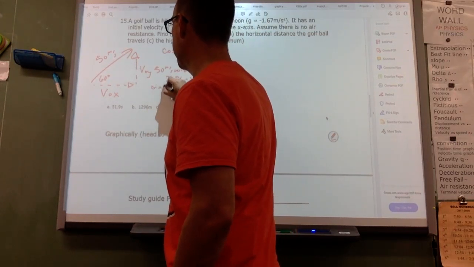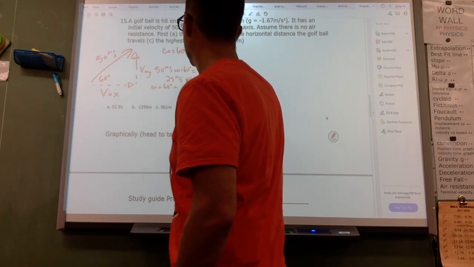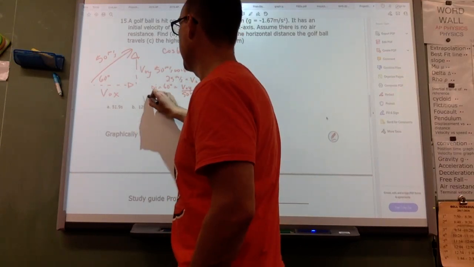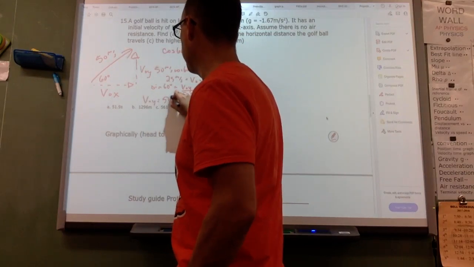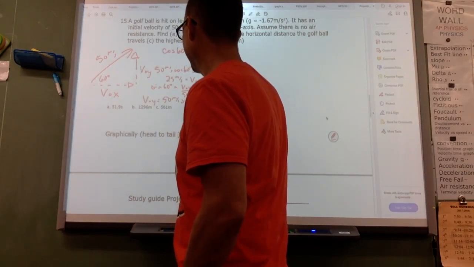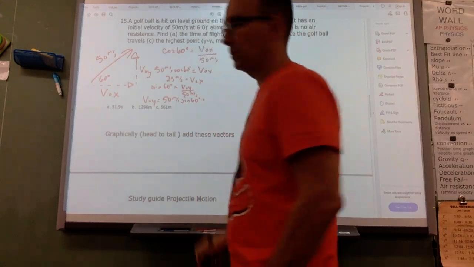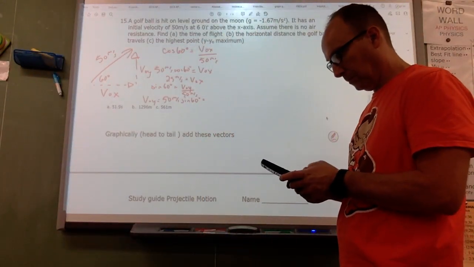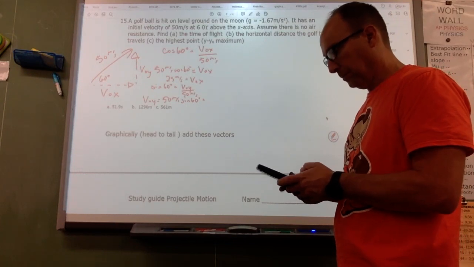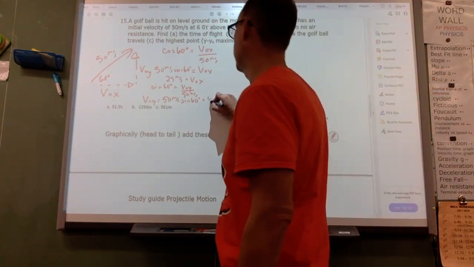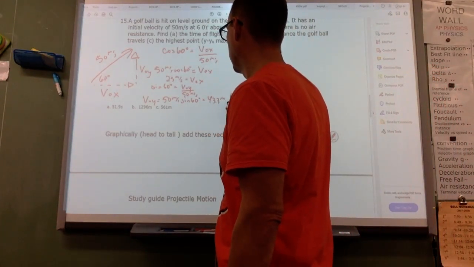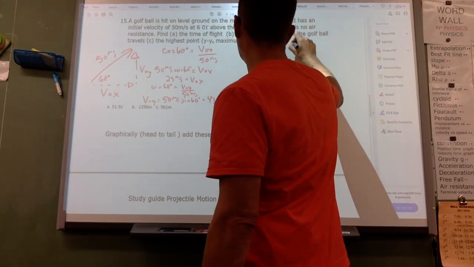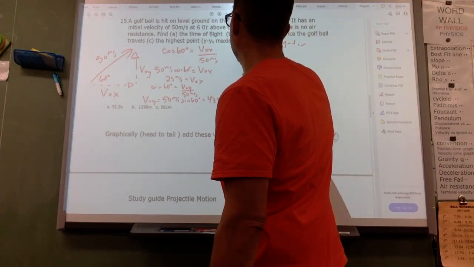And then sine of 60 is going to be V naught y over 50. So V naught y would be 50 sine of 60, which is 43.3. So when I make my chart, I'm going to plug these in.